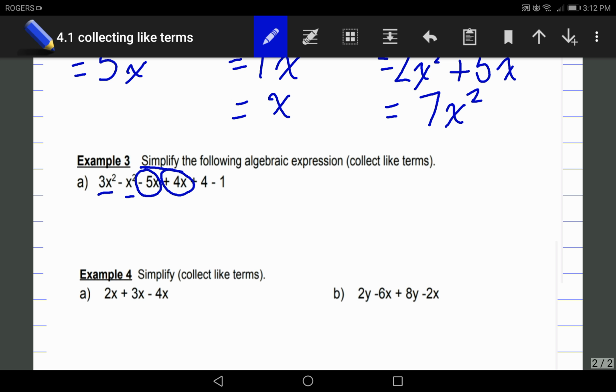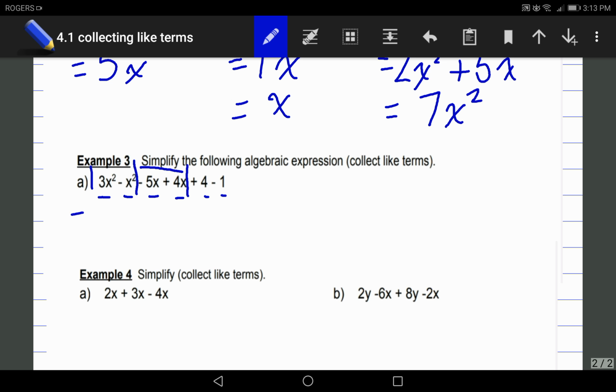And then we have two terms that are just numbers. Now that looks a little sloppy, so I'm just going to delete what I have there. But you get the idea. There are two x squares, two terms that are x's, and two terms that are just numbers. Each of these pairs are like terms, and we can collect them and simplify.